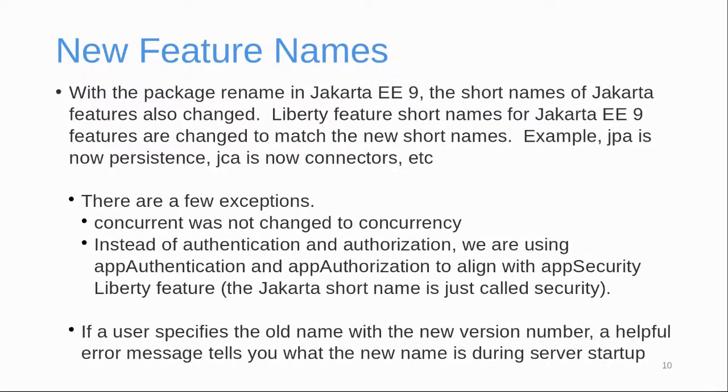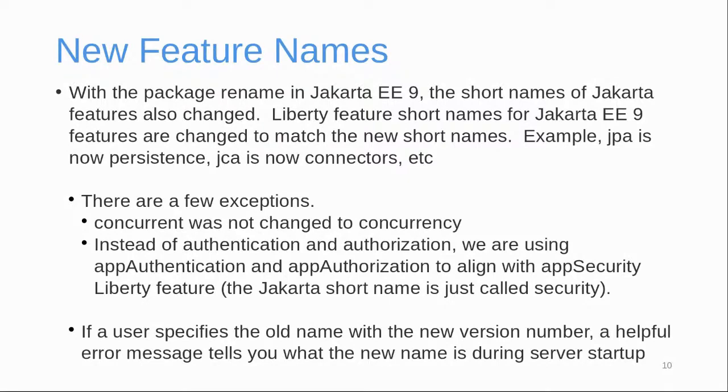And additionally, authentication and authorization, to line those up with appSecurity, which is the name of it from a Jakarta short name perspective, we added the word app in front of those. Also, authentication authorization is a little generic, so we wanted to make sure that it wasn't overloaded to be representing something else within the product.